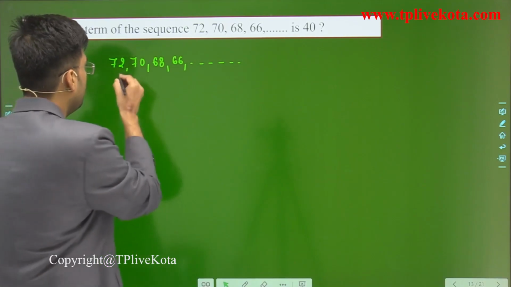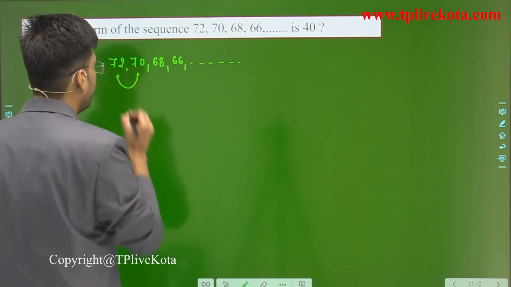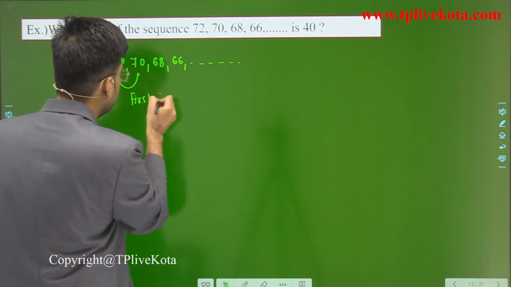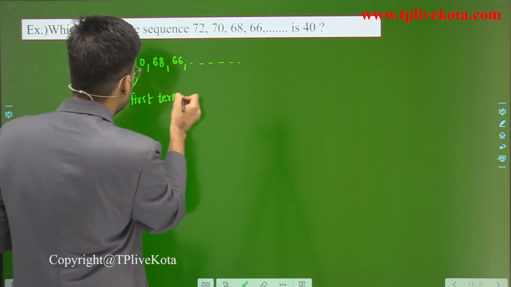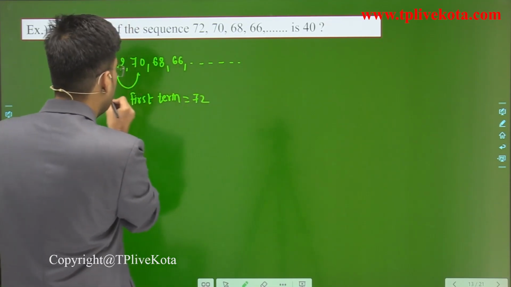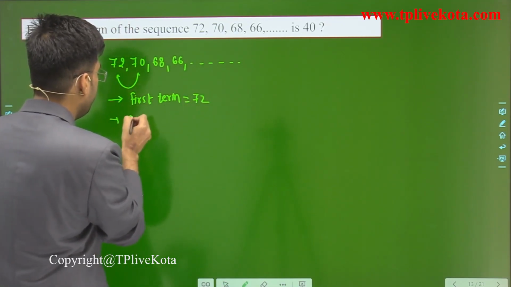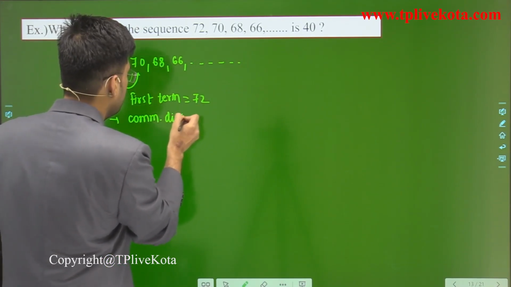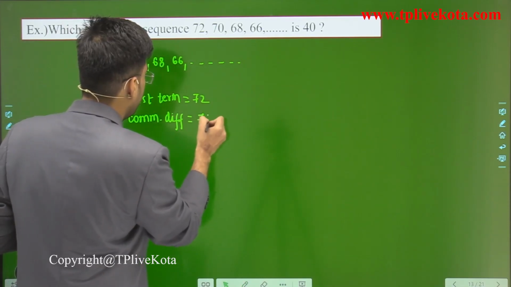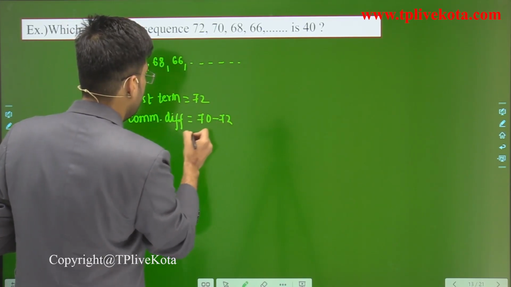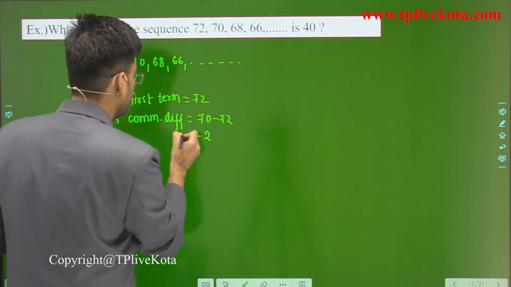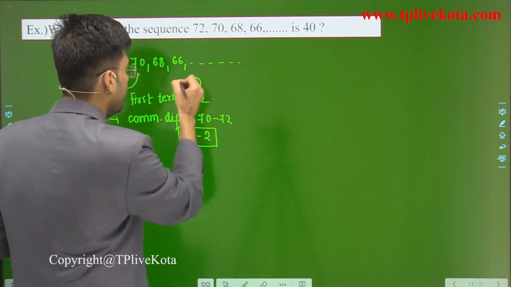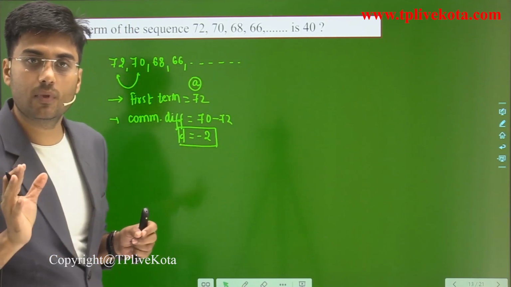So first of all, let's find the common difference and the first term. Here the first term is 72, and the common difference is 70 minus 72, which is minus 2. So d is equal to minus 2, and a, the first term, is 72.